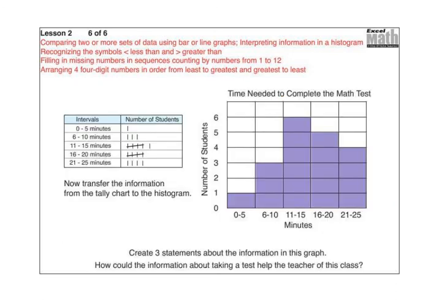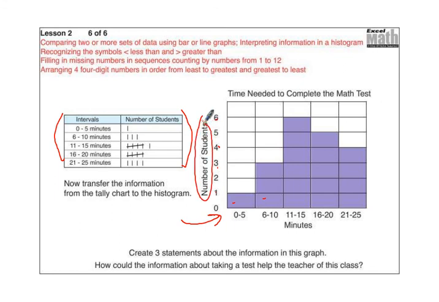The next thing that we're going to look at is a different kind of bar graph here. They take the tally chart, I'm sorry, this is a tally chart, and they transfer that into a histogram. The histogram is a lot like a bar graph, and the number of students are listed on the side.